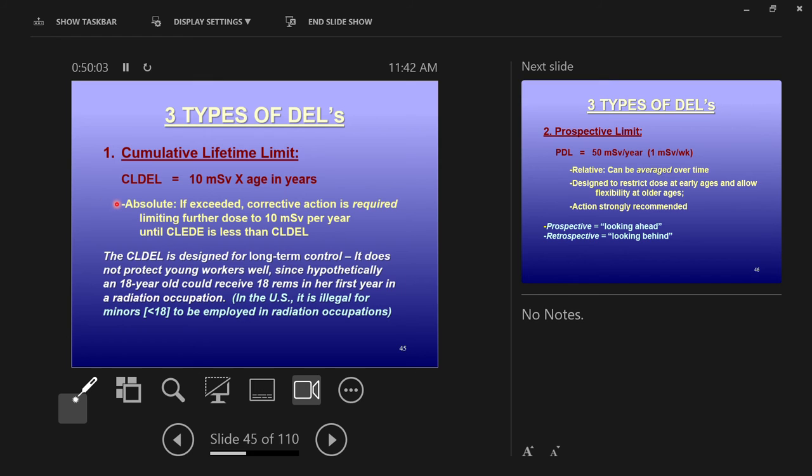This is an important one because it can't be exceeded and allow you to continue to work up to that limit. If exceeded, corrective action is required, limiting further dose to up to 10 millisieverts per year until the dose equivalent is lower, until you have some wiggle room, in other words.